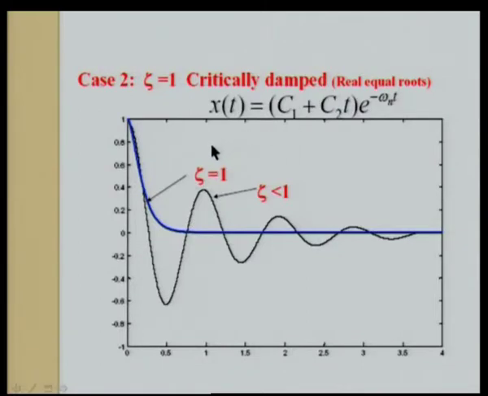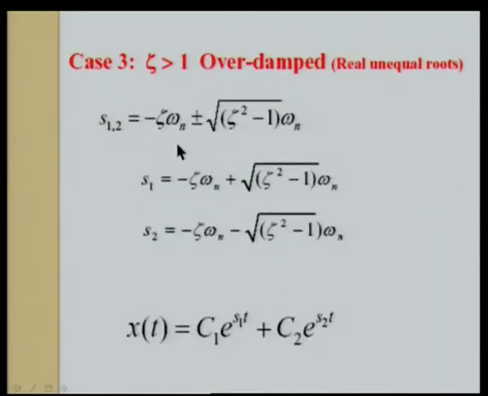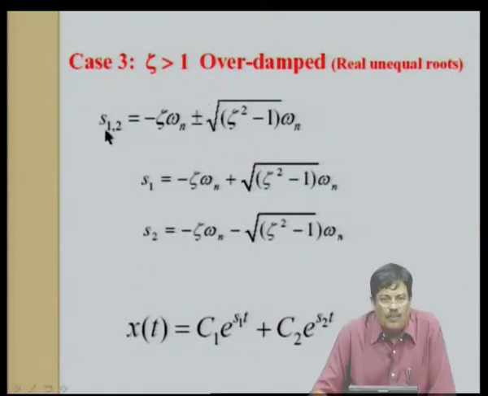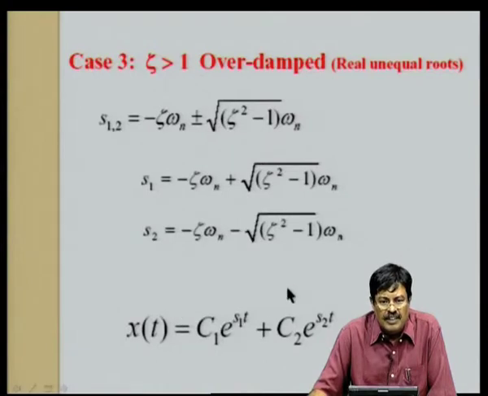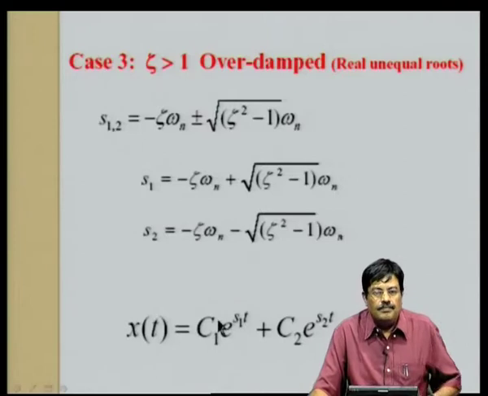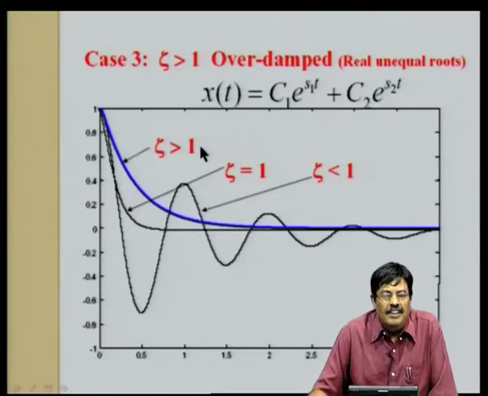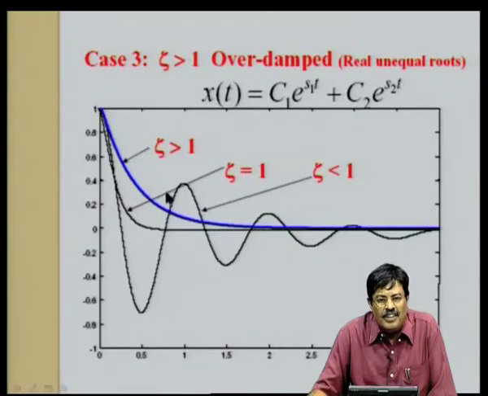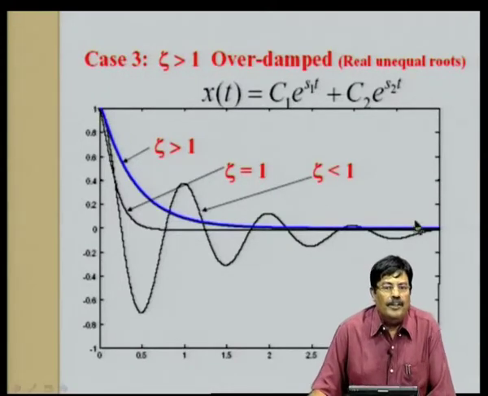Next, let us take a third case, when xi, the damping ratio, is more than 1. The roots can be written with xi square minus 1 under the radical. So, it has two roots, S1 and S2, which are real. That means it has no oscillatory component, and the system comes to rest very fast. It is a completely over damped system.